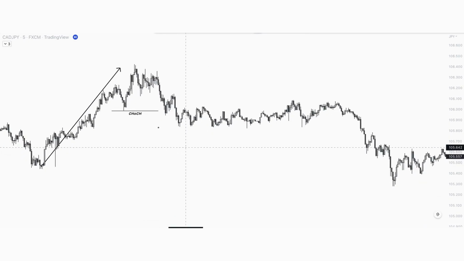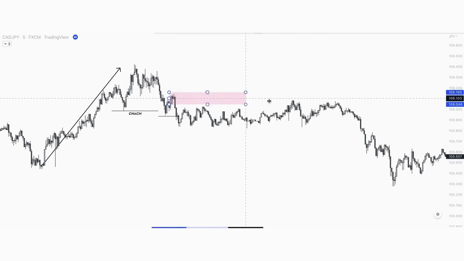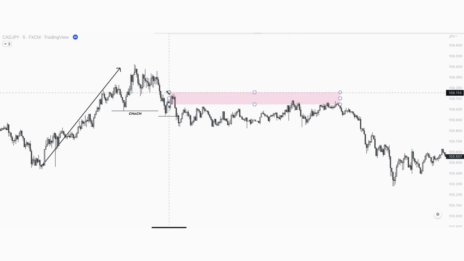This is on the 5-minute time frame. It is always good to have a confirmation. As you can see here, this is a swing low, and it was broken with this bearish move, and the supply has been created here, this one.